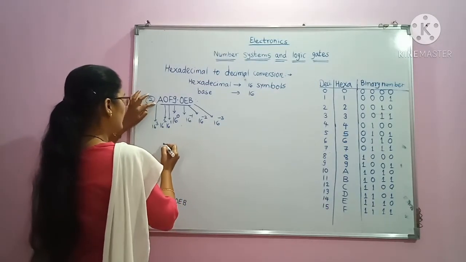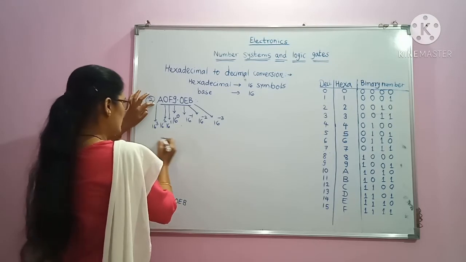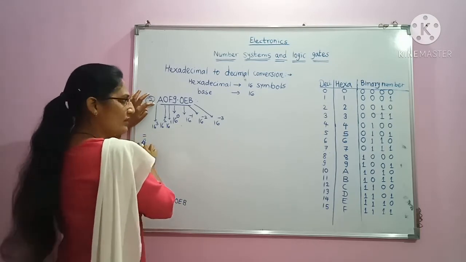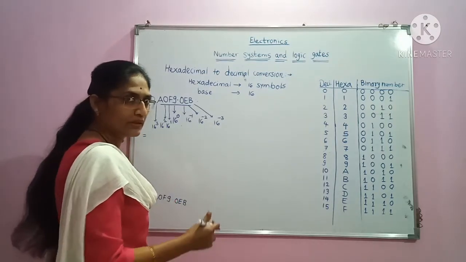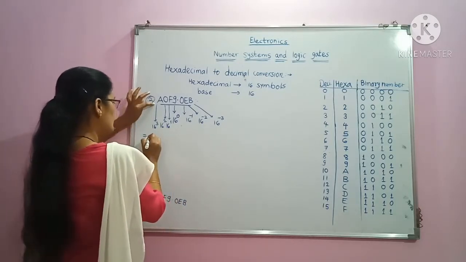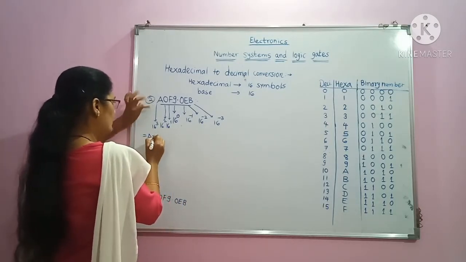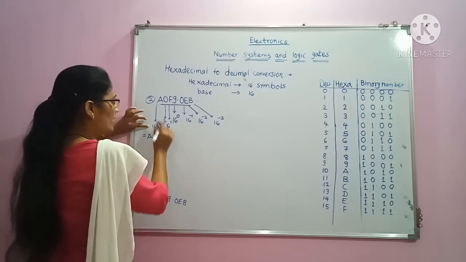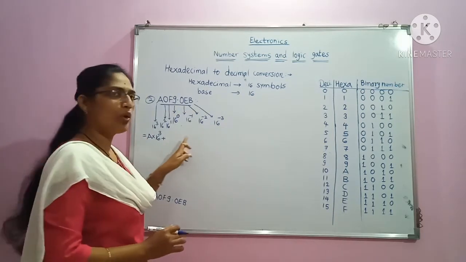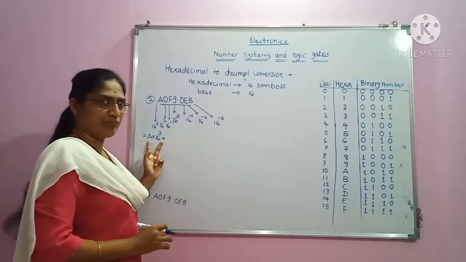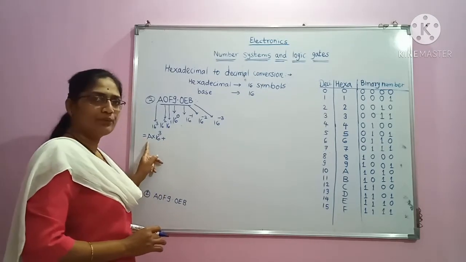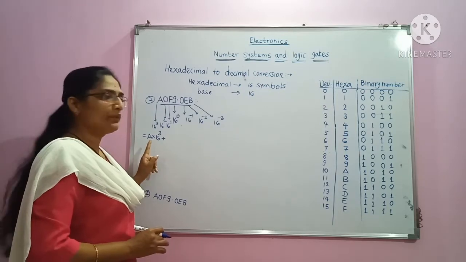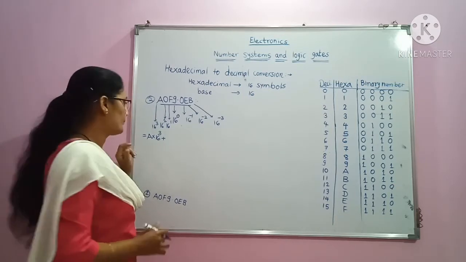So my number is A. I will start from here because it is a lengthy procedure. So A into 16 raised to 3. We know that it is the sum of the product of the respective digit into its weight value.